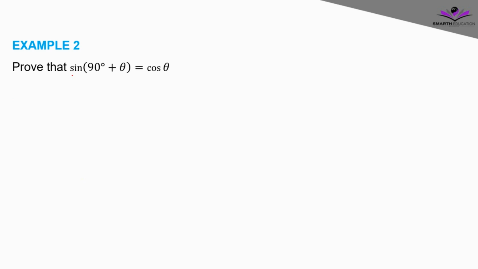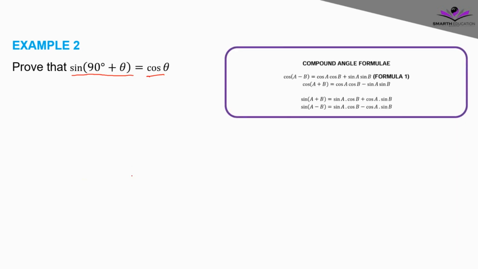Prove that sin(90° + θ) is equal to cos θ. We can use our compound angle to do that. Let's use this one. So it's going to be sin 90° cos θ plus cos 90° sin θ.